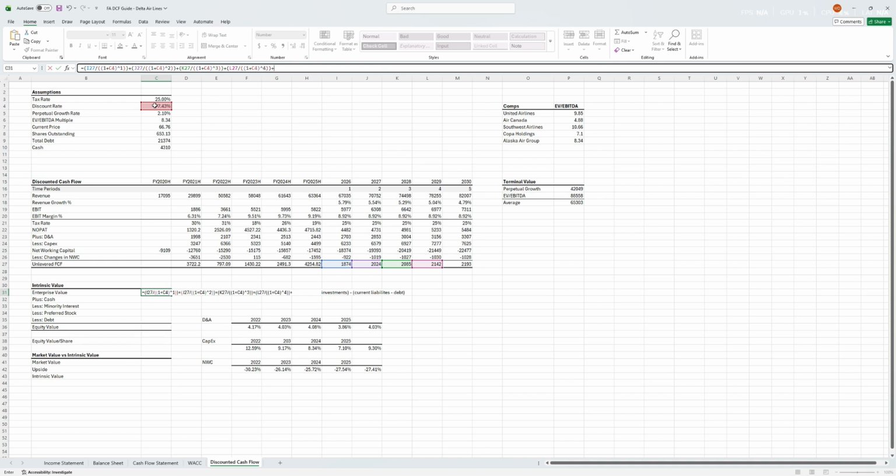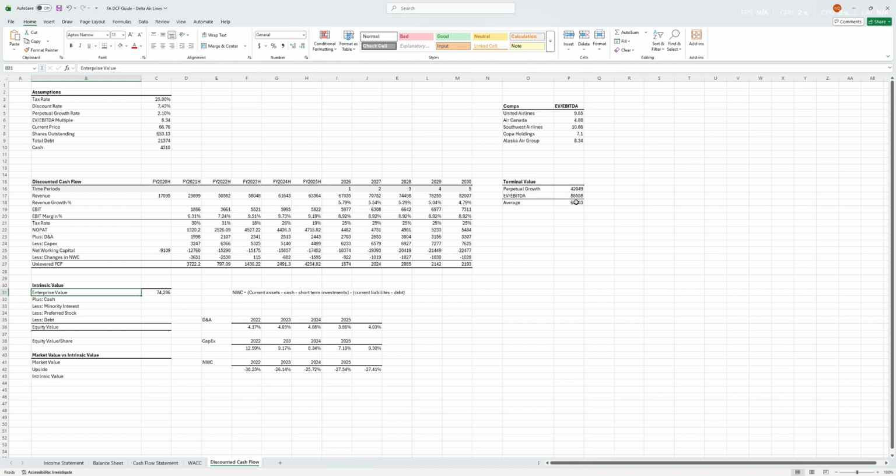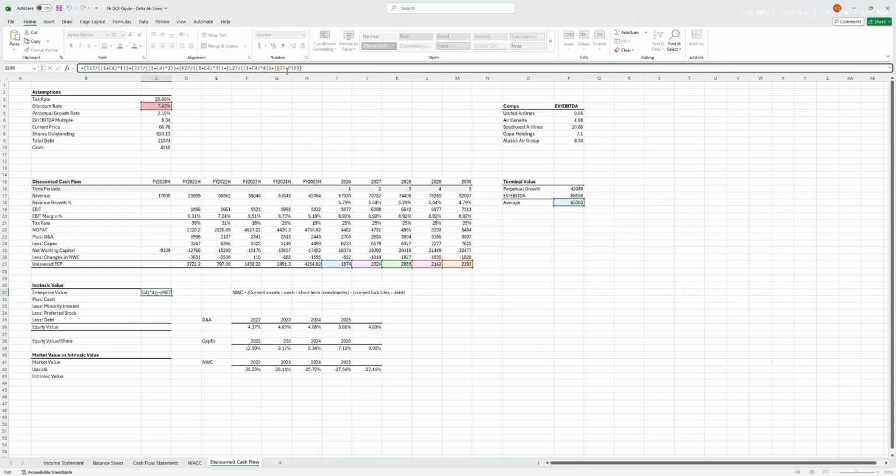And then for our final year, we're going to grab our final year's unlevered free cash flow, and we're also going to add our average terminal value that we found over here. And that's going to be our numerator. And then I'm going to put an extra parentheses here. Divide that by 1 plus our weighted average cost of capital.